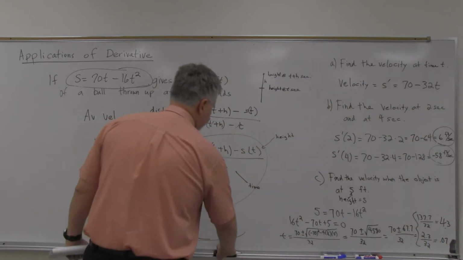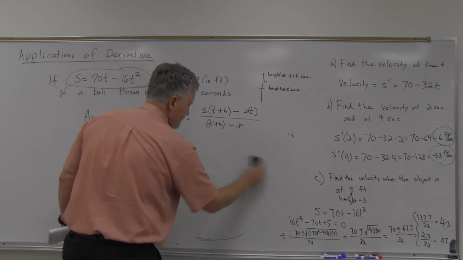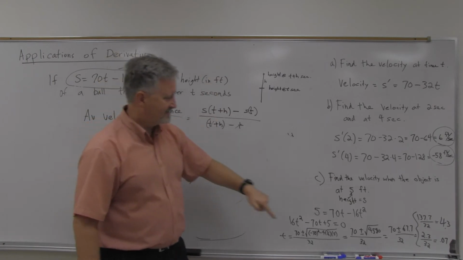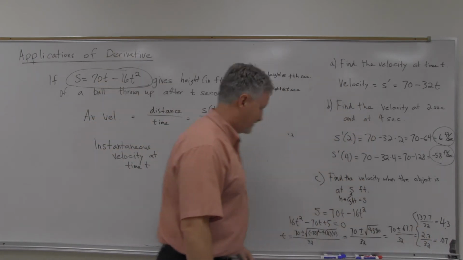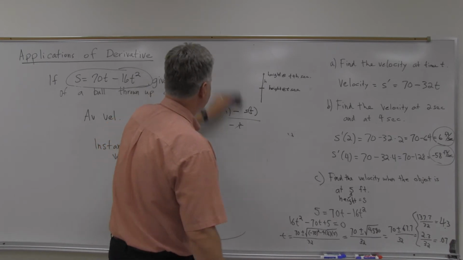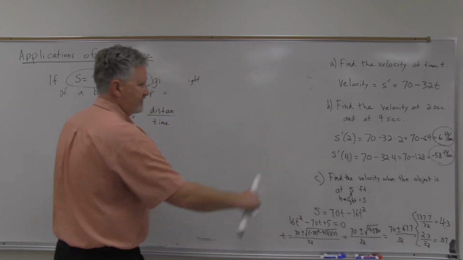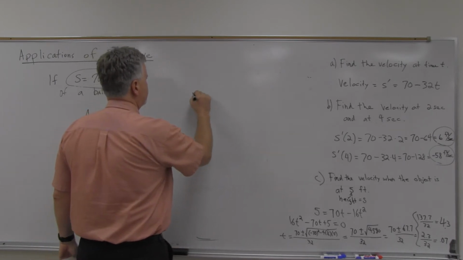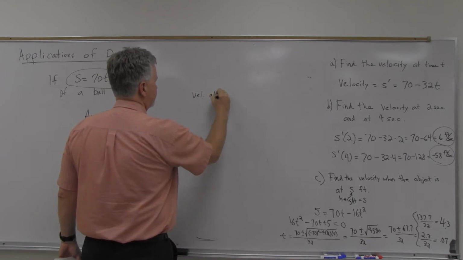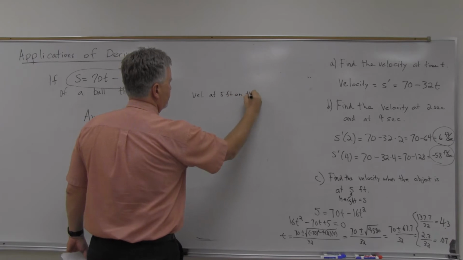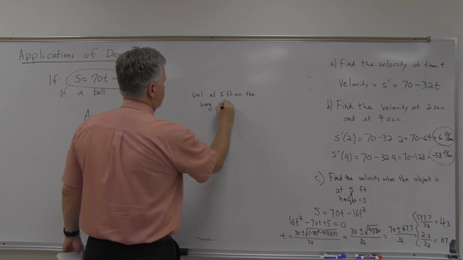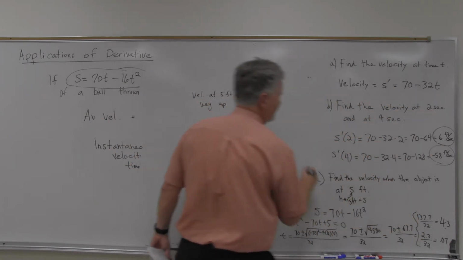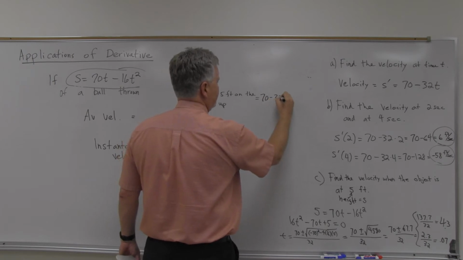So yeah, it's going to reach that height, 5 feet. Like I said, it's going up and coming back down, so it hits that 5 feet in two different places. One real quick at 0.07, or I guess I'll round it off to 0.1. So find the velocity of the object at 5 feet. Well, on the way up, the velocity at 5 feet is going to be 70 minus 32 times 0.07, right?